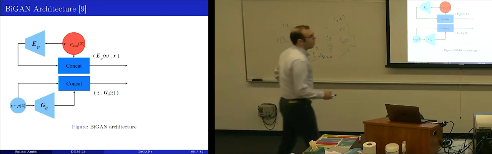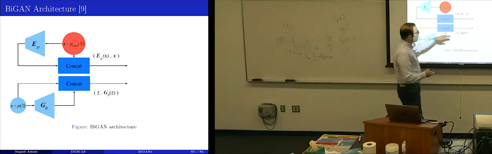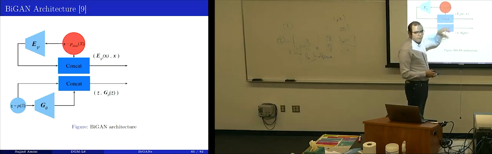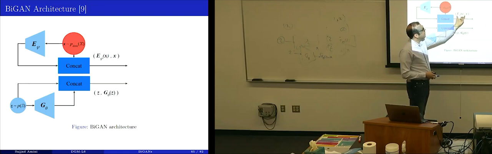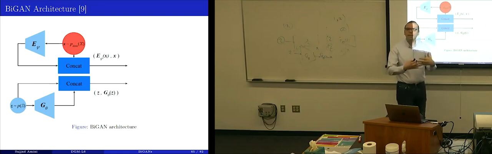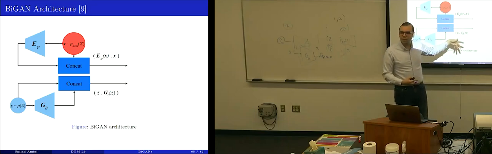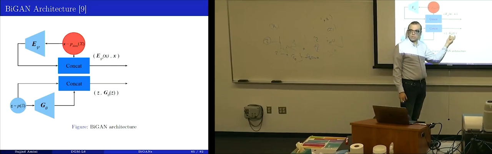Yes, and also it is much more complex than what we think. It does not just apply this to be a normal distribution. It also should handle the correlation between E psi of X and X, because it completely matches the distributions, even the correlation between elements of these two vectors.